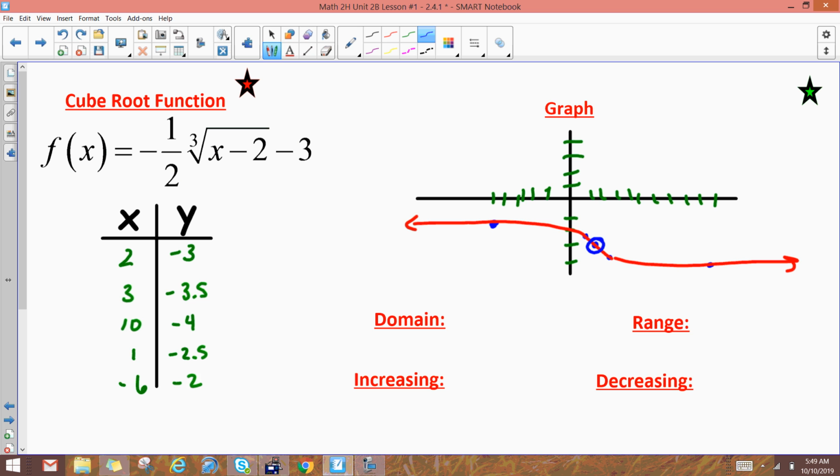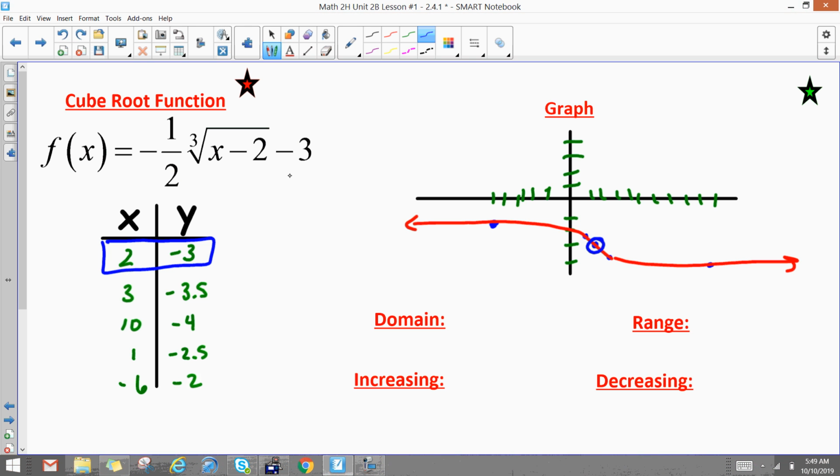Okay. It ends up being our 2, -3. And hopefully you can see from what we did the last time that 2, -3 comes right from here. I see this x minus 2, which happens to be underneath the radical, and a minus 3.